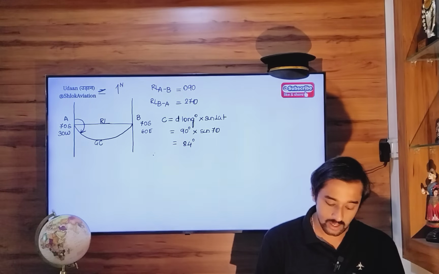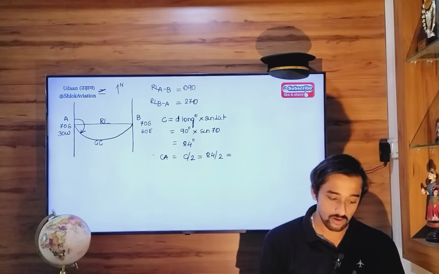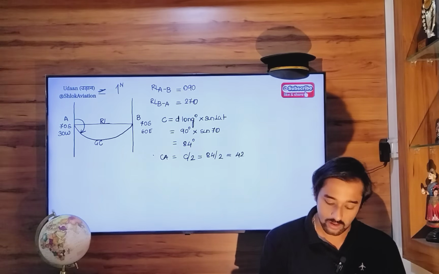The convergency angle will be half of convergency, which is 84 by 2, equal to 42 degrees.